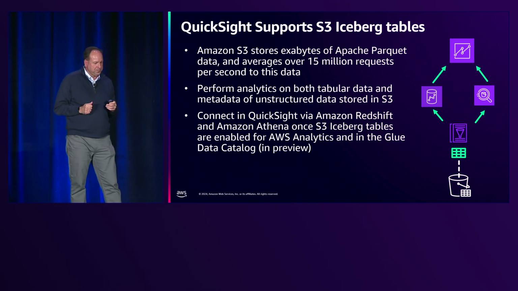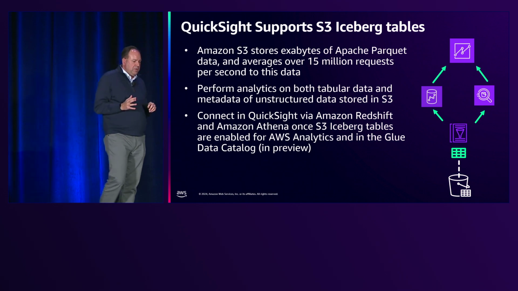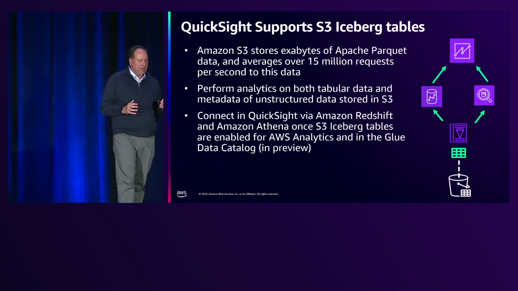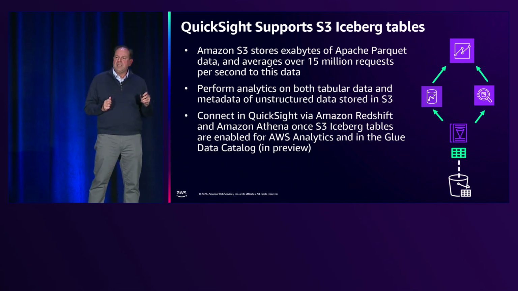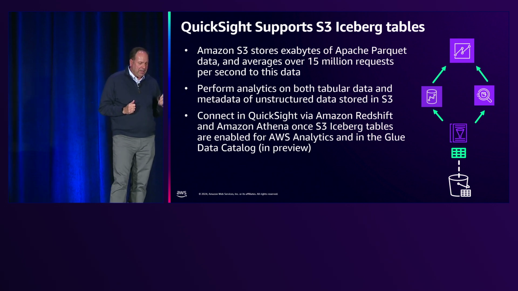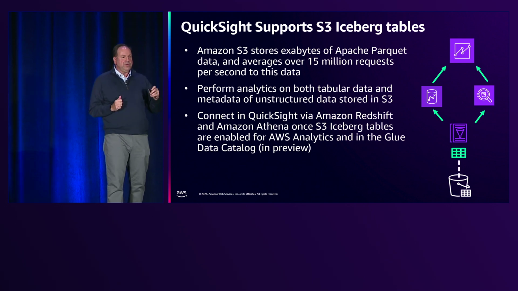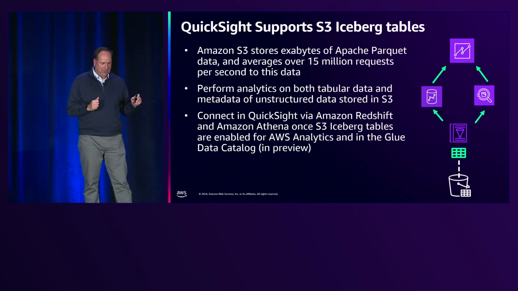Now, to use these capabilities, you need to connect via Redshift and Amazon Athena once the S3 Iceberg tables are enabled for AWS analytics and in the Glue data catalog. And that last piece that I just mentioned is currently in preview.